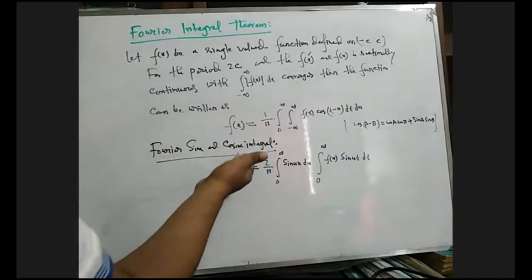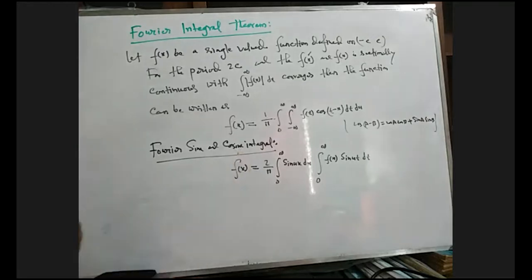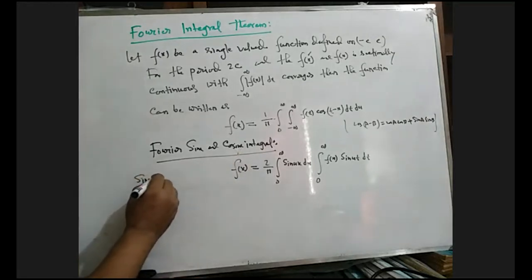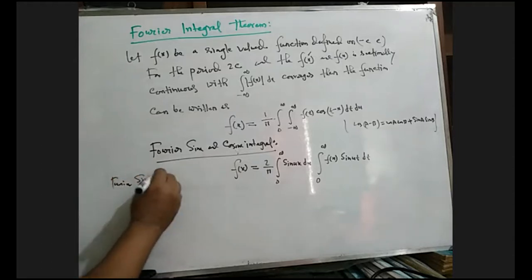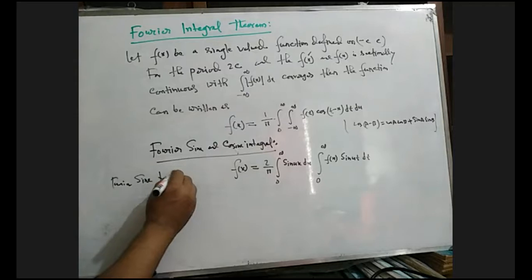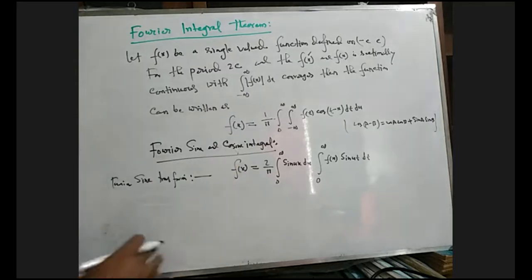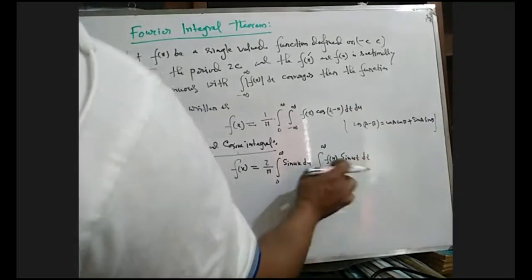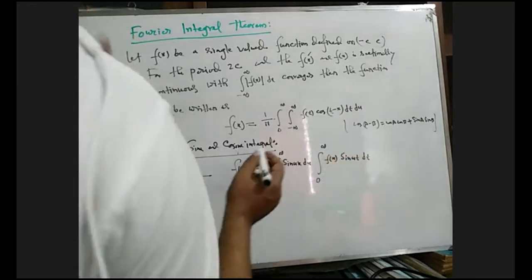So this can be written as the Fourier sine transform, just using this formula and taking the sine part, and u is the variable and t is the independent variable here.